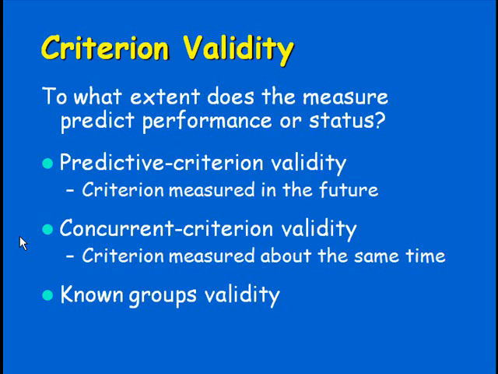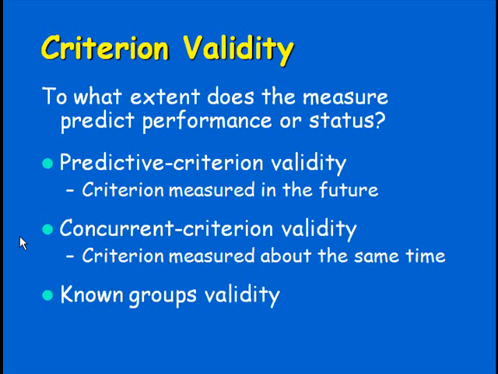So we have this CBCL, but one problem is that it's long, and DCS doesn't like using it because it's long. So Dr. Charles Glisson at UT was approached by DCS to see if he could come up with a shorter measure that would give them the information they used from the CBCL.